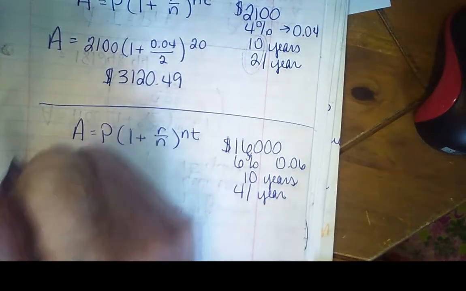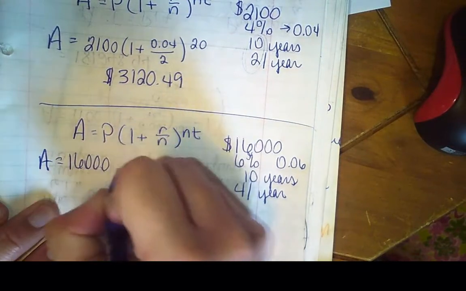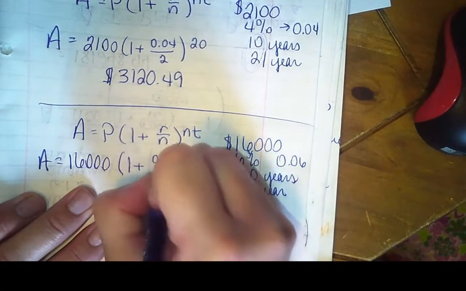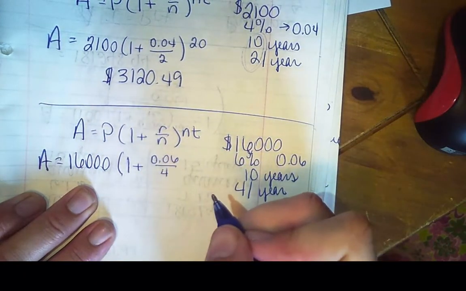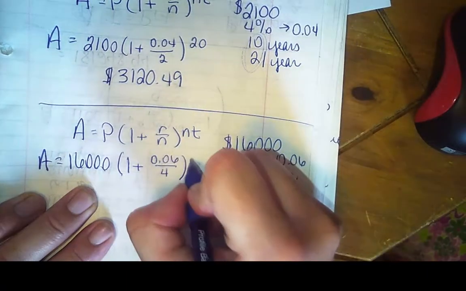Okay, so the amount that I'm going to achieve is 16,000 times 1 plus r, which is 0.06, over n, which is 4 this time because it's quarterly, raised to the nt, which is 40.